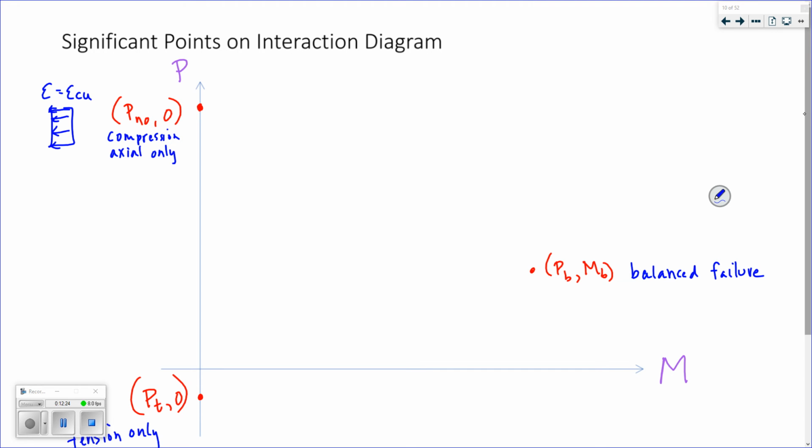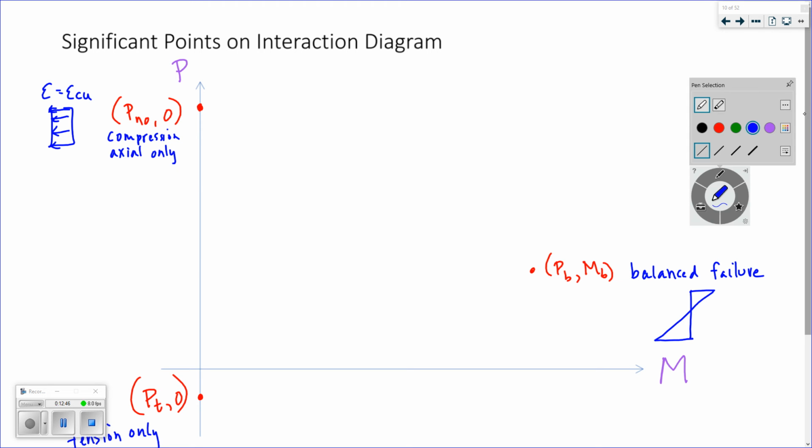I just talked about that a second ago, but a balanced failure is when your concrete and your steel fail at the same time. So my concrete is at ECU, and my tension steel is at EY.